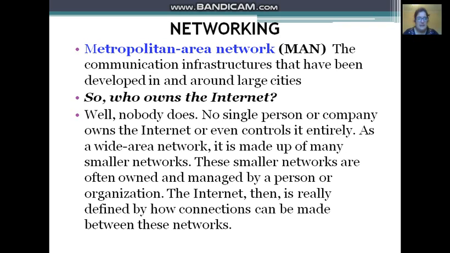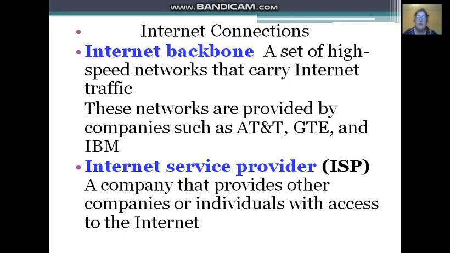Thus, no single person or company owns the internet or even controls it entirely. As a wide area network, it is made up of many smaller networks. These smaller networks are often owned and managed by a person or organization. The internet then is really defined by how connections can be made between these networks.